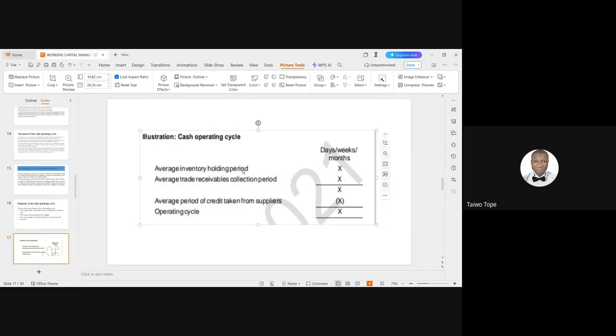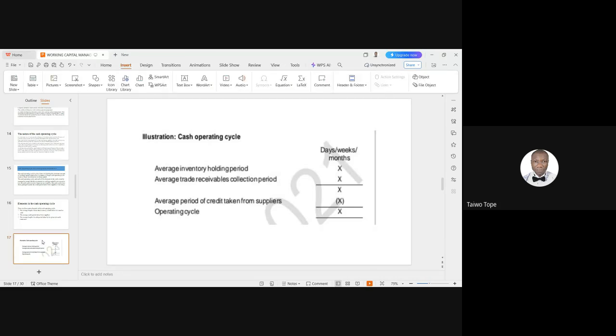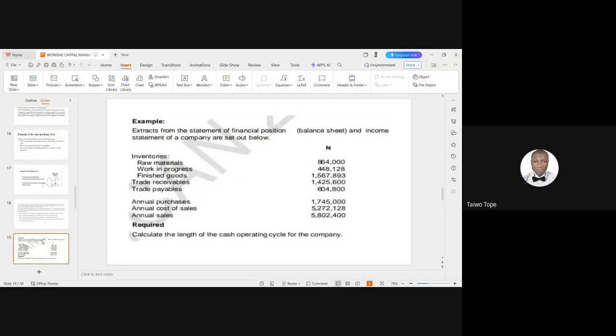You add, these are items of current assets. Now, less average period of credit taken from suppliers. This is an item of current liability. When you minus, you have your operating cycle, to buttress what we've been saying. So this is an example.